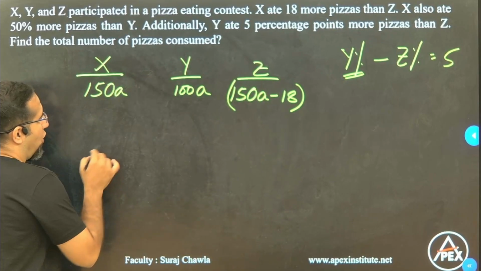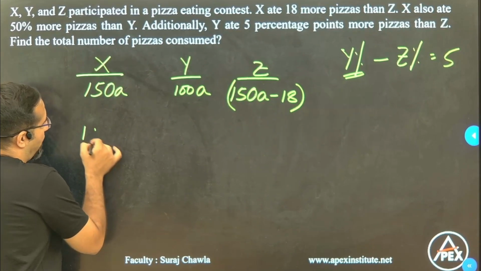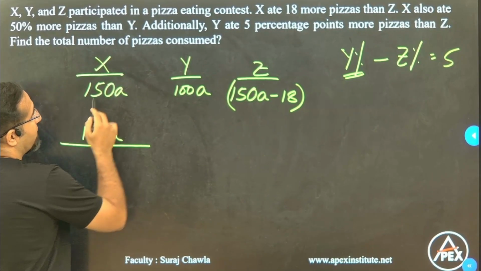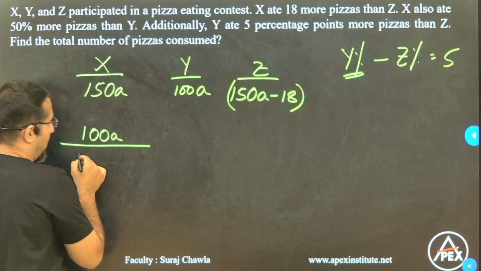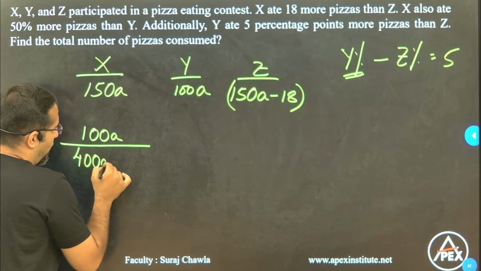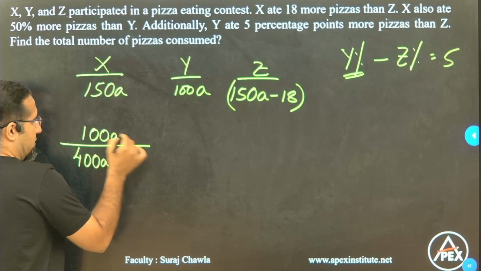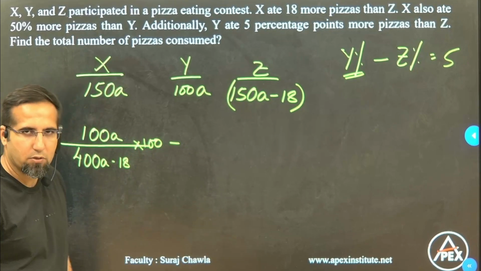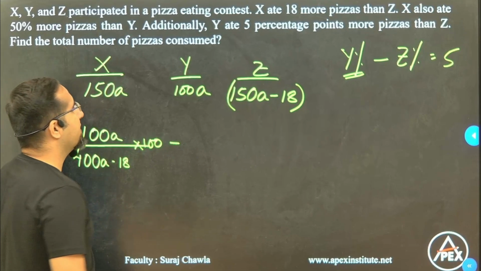What percentage of pizzas did Y eat? So Y ate 100A divided by total pizzas. 150 plus 150 हो गया 300, 400. तो ये हो जाएगा आपका 400A minus 18 into 100 is the percentage of pizzas eaten by Y. What is the percentage of pizzas eaten by Z?